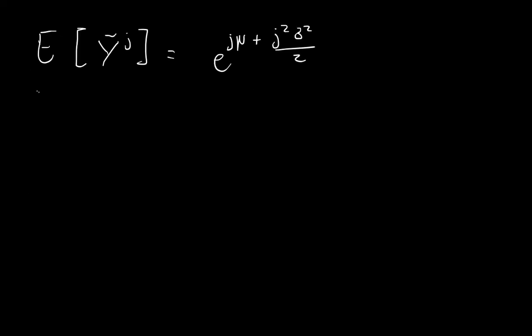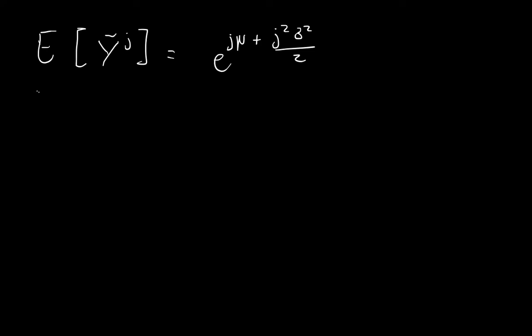Then at this point we recall that this result has been shown in previous videos. You can find it in the video on the moments of the log-normal distribution, where I simply recall it.